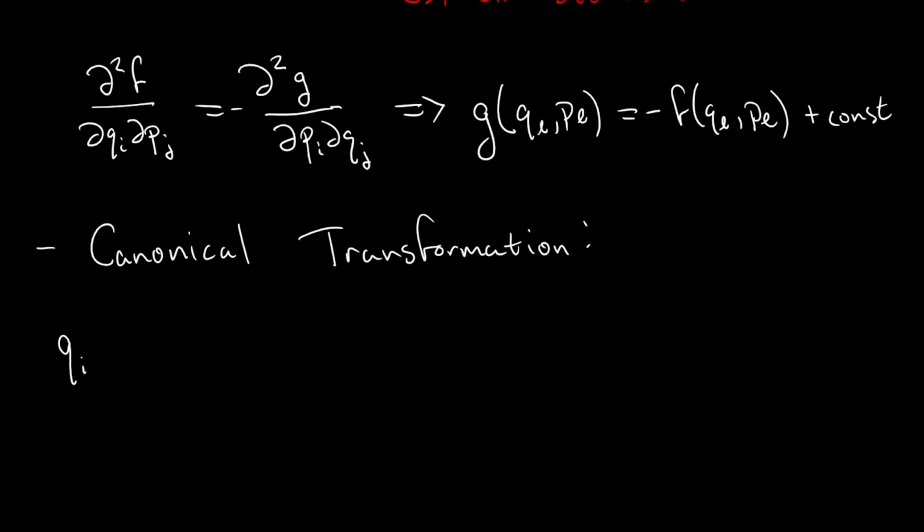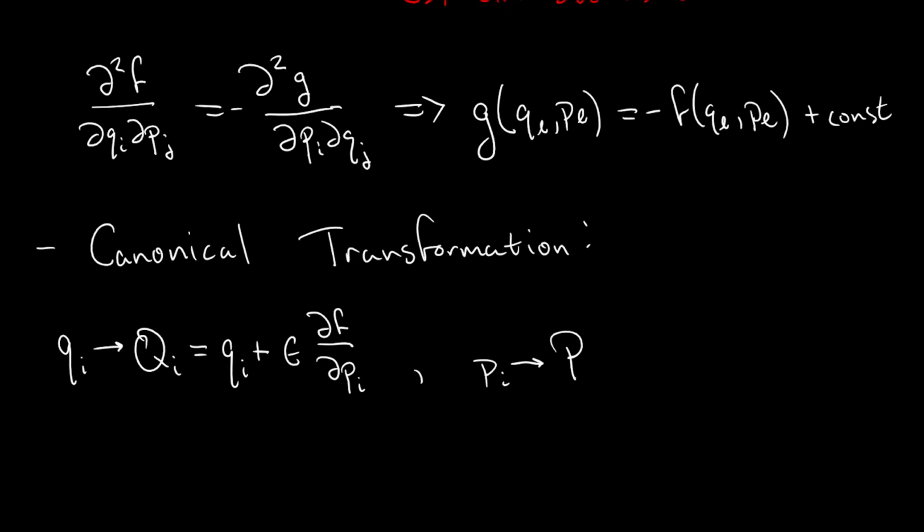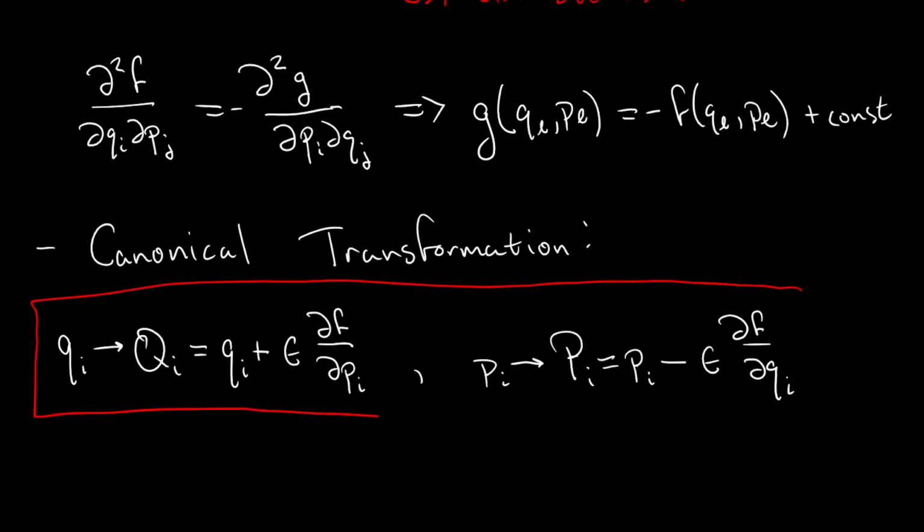And this looks like I take my q's and replace them with my big Q's, and this gives me q sub I plus epsilon df dp sub I. And then I take my p's, trying to emphasize that that's a small p, big P, which is p sub I minus epsilon df dq sub I. So you see that I choose a function f, and the same function gives me the transformation in both p and q.